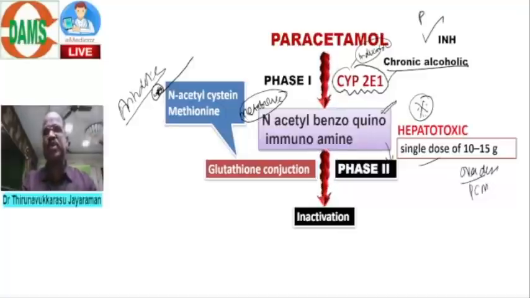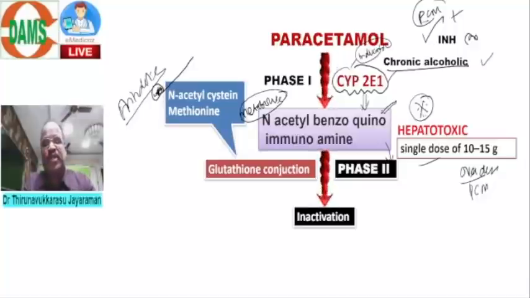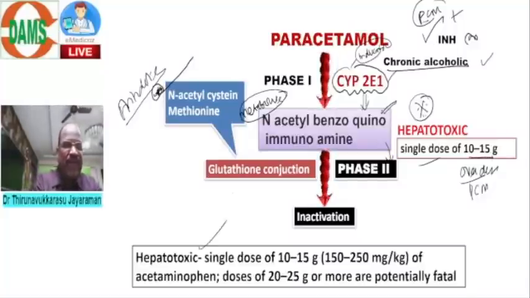So when you give paracetamol along with isoniazid or in chronic alcoholism, the paracetamol rapidly forms the hepatotoxic metabolite, so there is more chance of hepatotoxicity. This is also an extra point. The hepatotoxic dose is 10 to 15 gram as a single dose, whereas the fatal dose is 20 to 25 gram. Anyway, the antidote for paracetamol is N-acetylcysteine.